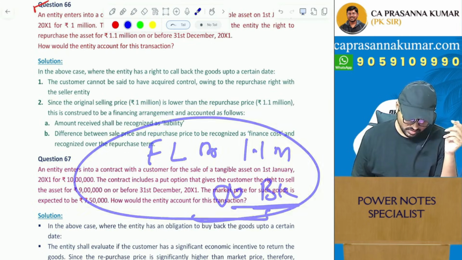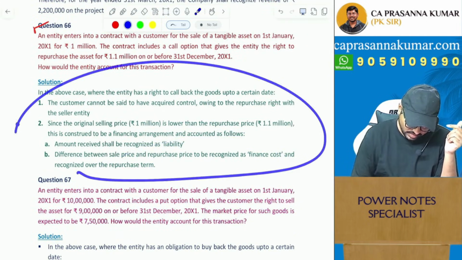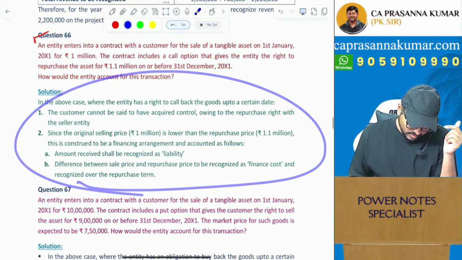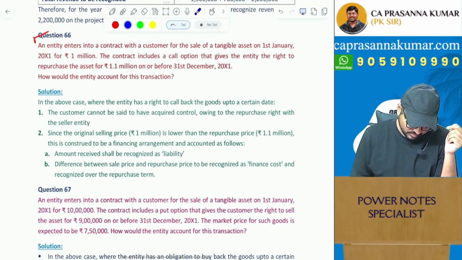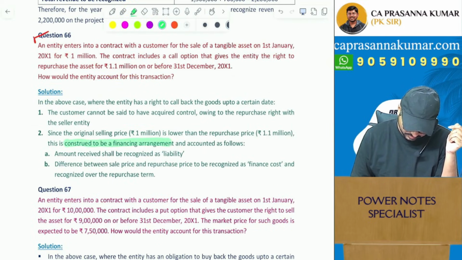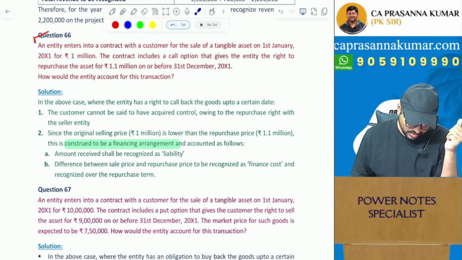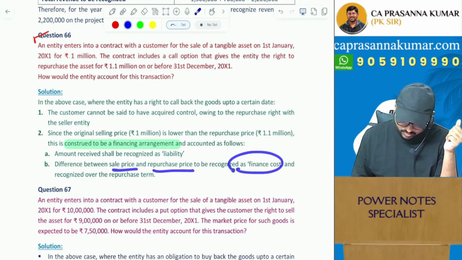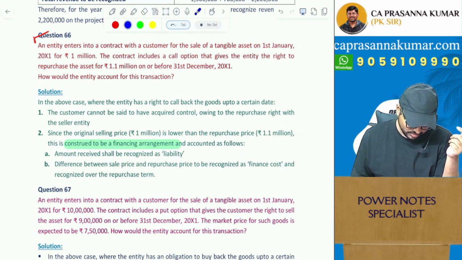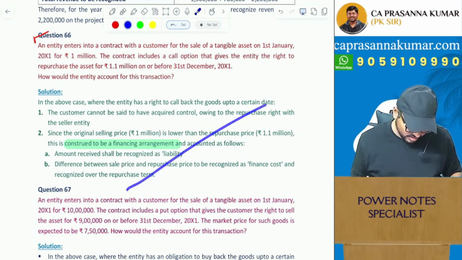So to bank, that's all. Simple financing arrangement. Here you have the answer. Amount received shall be recognized as a financial liability. Difference between sale price and repurchase price to be recognized as finance cost or interest. That's all. Very simple. Done and dusted.